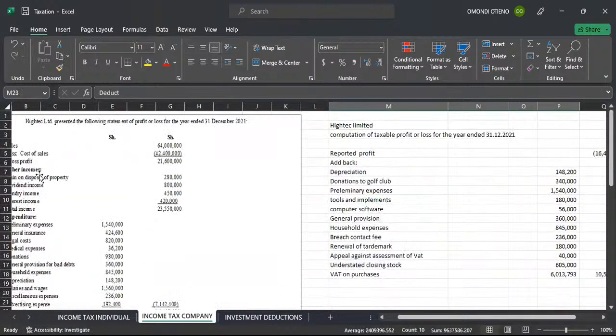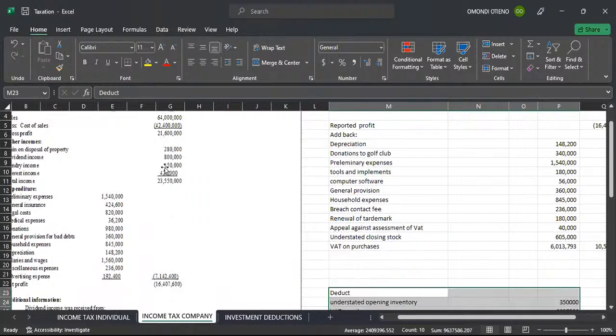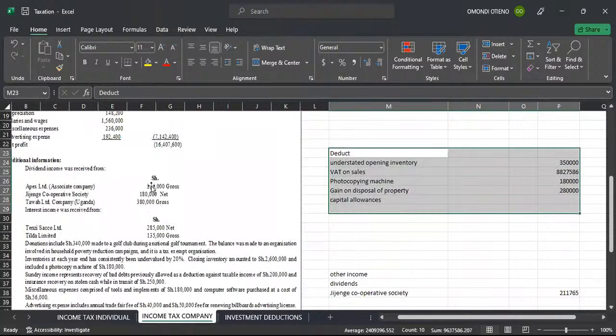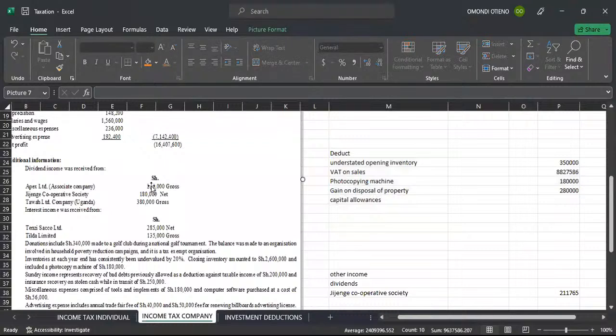Dividends income is 800,000. That revenue is okay, but it includes even those companies that are not supposed to be subjected to additional tax. The withholding tax is final. So those ones where the withholding tax is final cannot be subjected to tax again, but they are part of the revenue recognized up there. So we have to eliminate them.